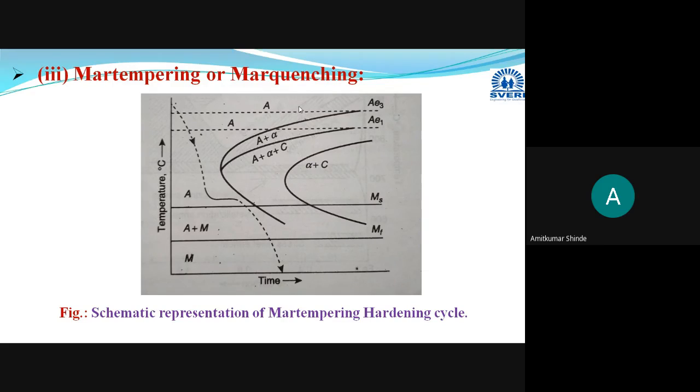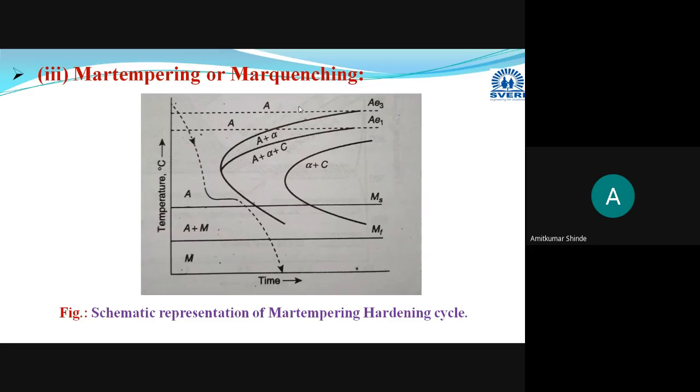Now where it is applicable: this mar tempering process is used or applied only for high carbon steels, or for low alloy steels. Okay, it is not used for medium carbon steels, and the remaining low carbon steels are non hardenable.